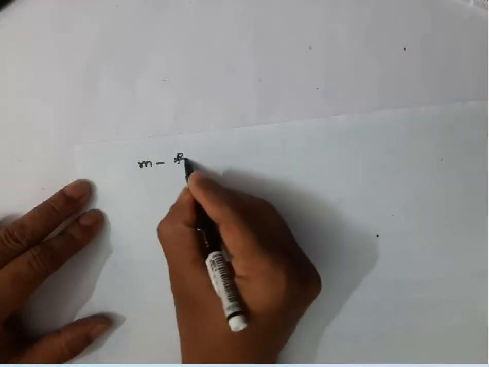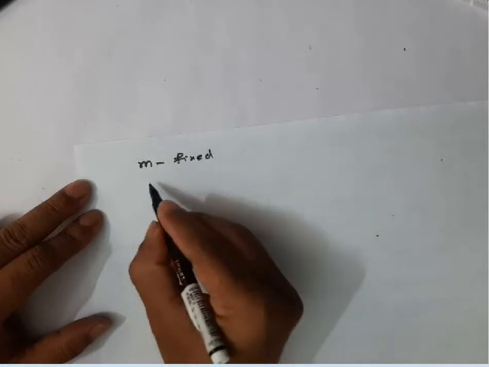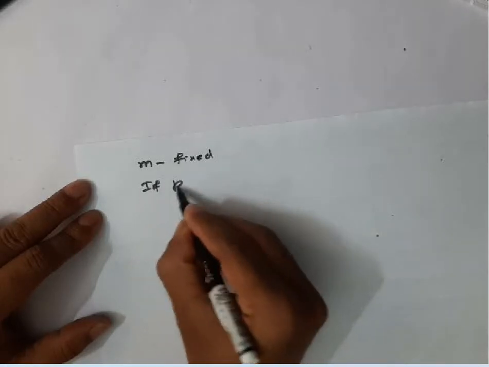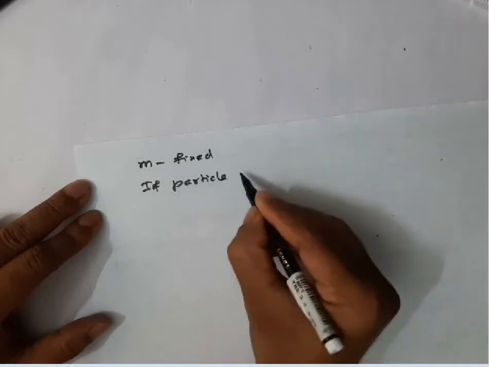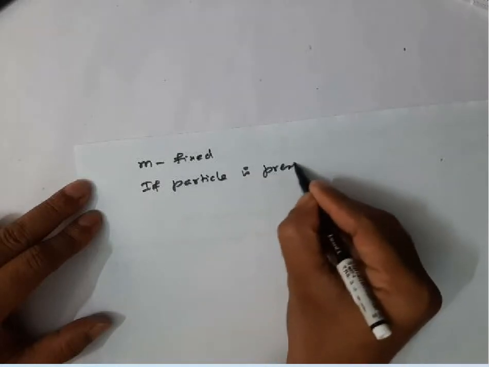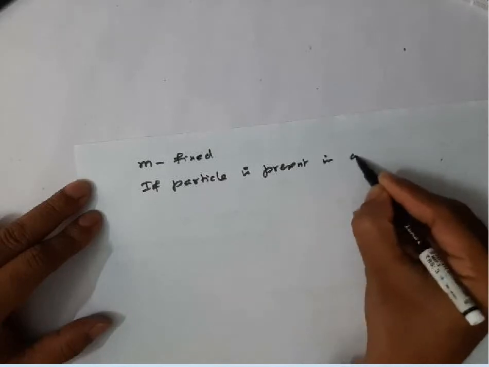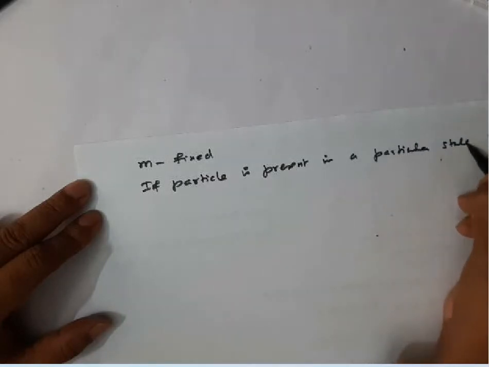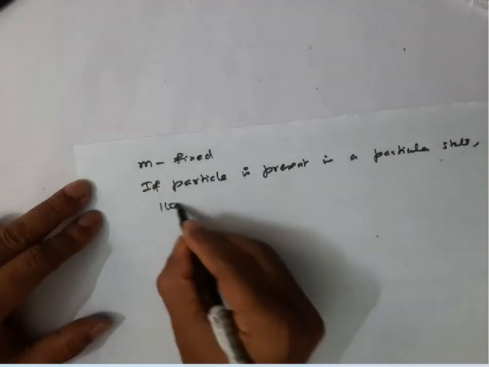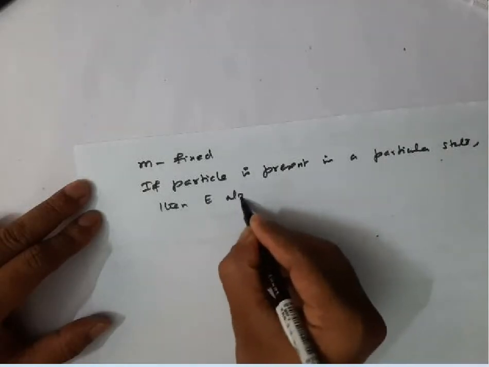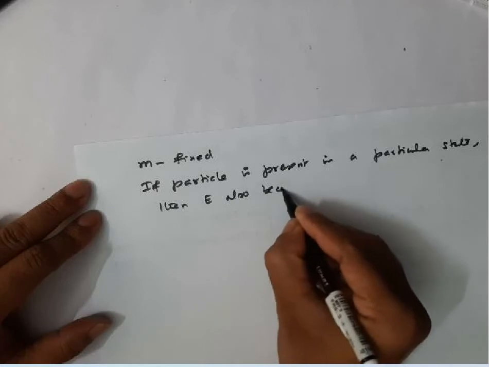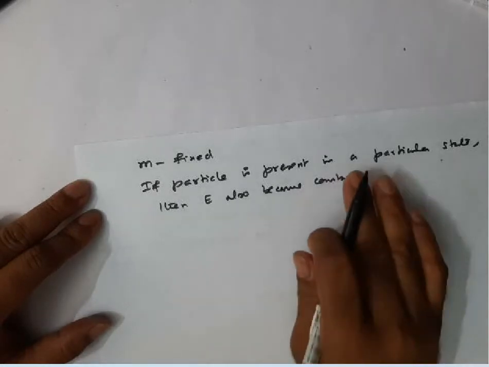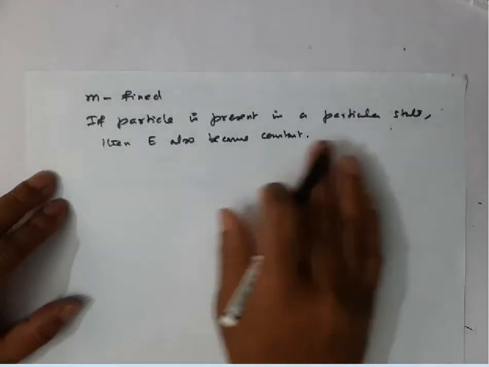Let me write here: mass is fixed. Assume if the particle is present in a particular state, then E also becomes constant, as long as the particle is present in the same state.